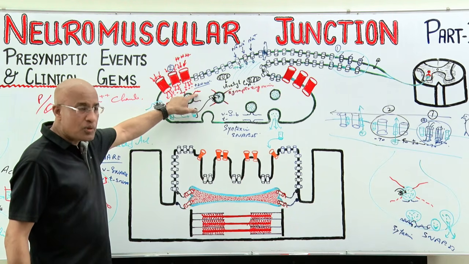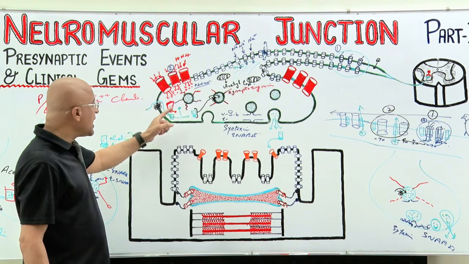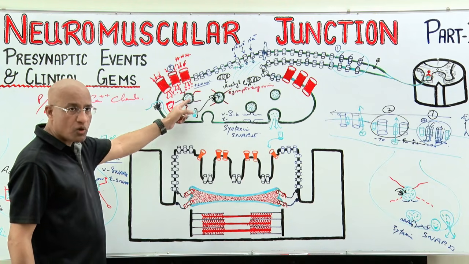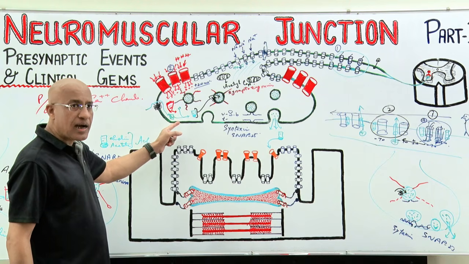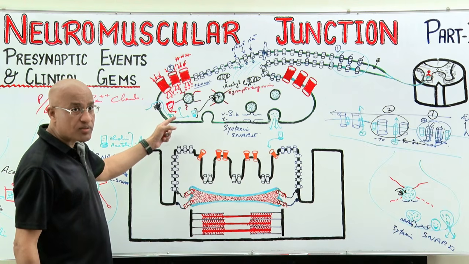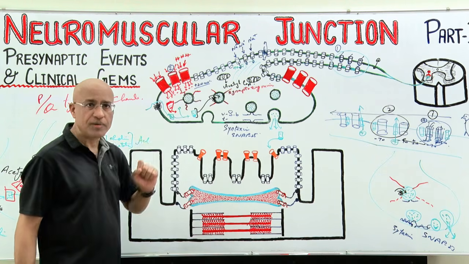Then we already know the vesicles were imported from the cell body, from the central nervous system, and acetylcholine was actively transported from the cytosol. In the cytosol, there was an enzyme which was fusing acetyl-CoA and choline, which was taken from extracellularly, and whatever acetylcholine was made here was concentrated here.